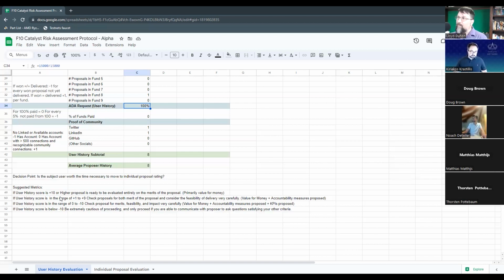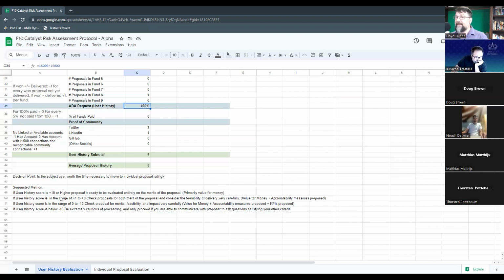That's the one major criterion that's still out there. But if they're not there, like where I'm new-ish in the space, Fund 7, I guess I'm new-ish, then maybe you check my accountability measures more, to make sure that what I'm putting out is visible. You'd be able to tell, oh yeah, he said he was going to deliver this and he delivered it. So his accountability is high enough. So now it's still an okay move to move forward.